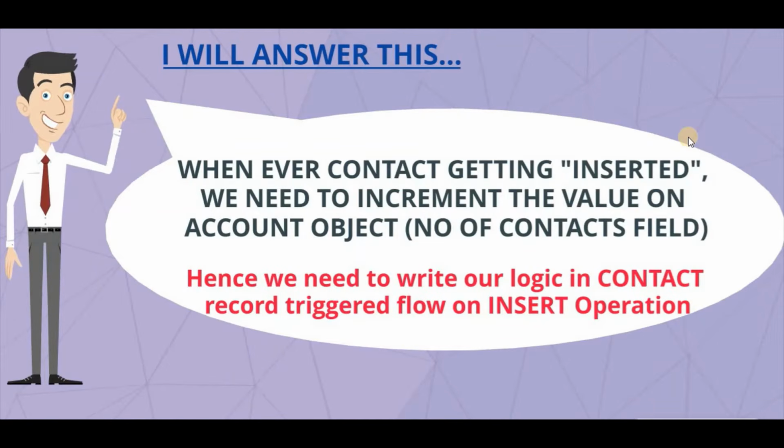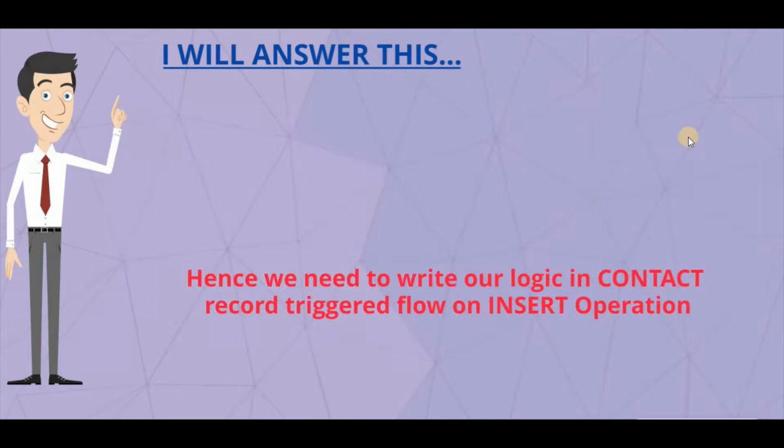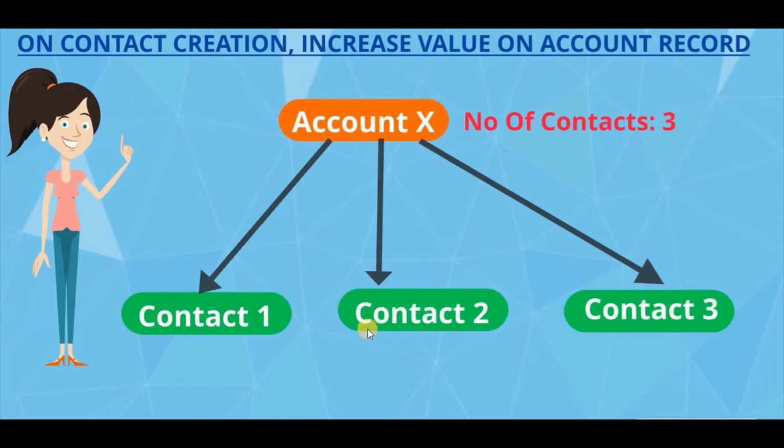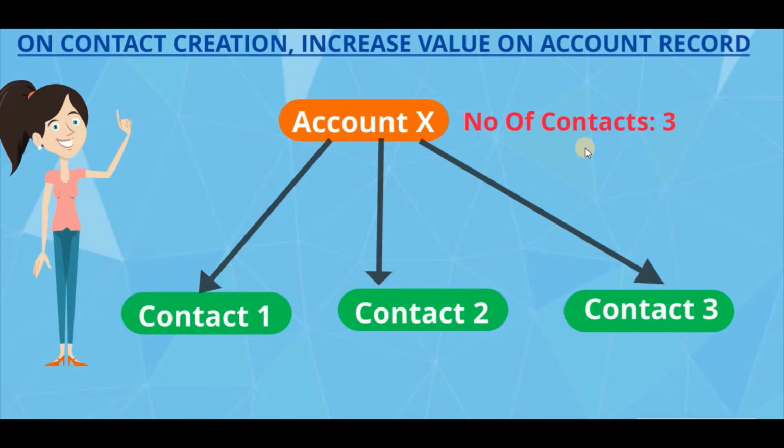Whenever a contact is getting inserted, we need to increment the value on the account object's number of contacts field. That's right. Hence, we need to write our logic in a contact record trigger flow on insert operation. Exactly. So whenever a contact is getting created, we are updating the number of contacts field here.